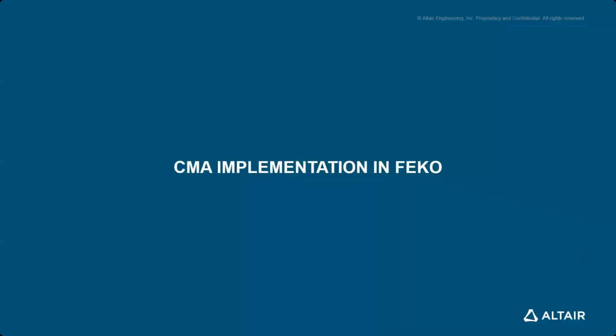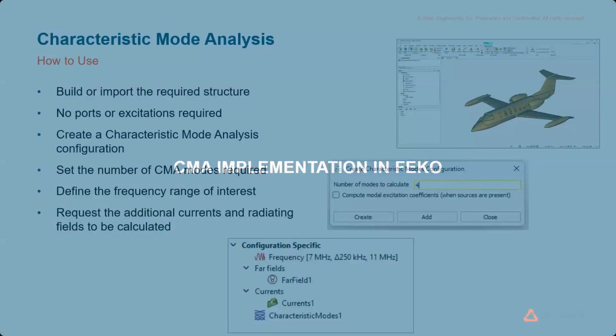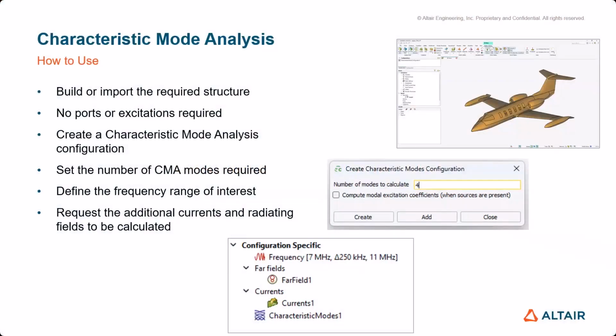Looking at the characteristic mode analysis implementation and workflow in Feko, this method is quite simple to apply. We start by building or importing our required structure. So this could be an antenna structure. It could be a large platform if we're looking at using the method for antenna placement or scattering analysis.